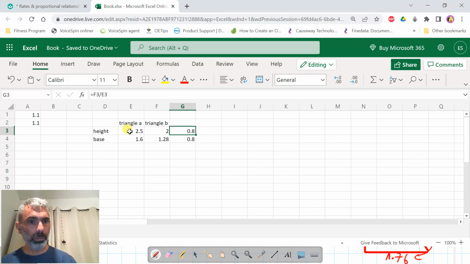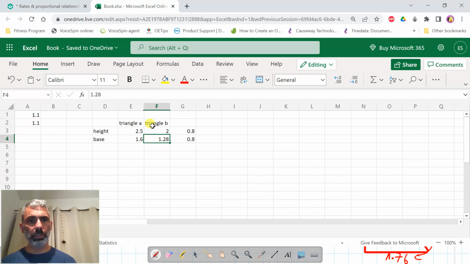So to go from a height of 2.5 to a height of 2, we need to multiply the height of triangle A by 0.8, and we multiply the base by the same scale factor, 0.8.